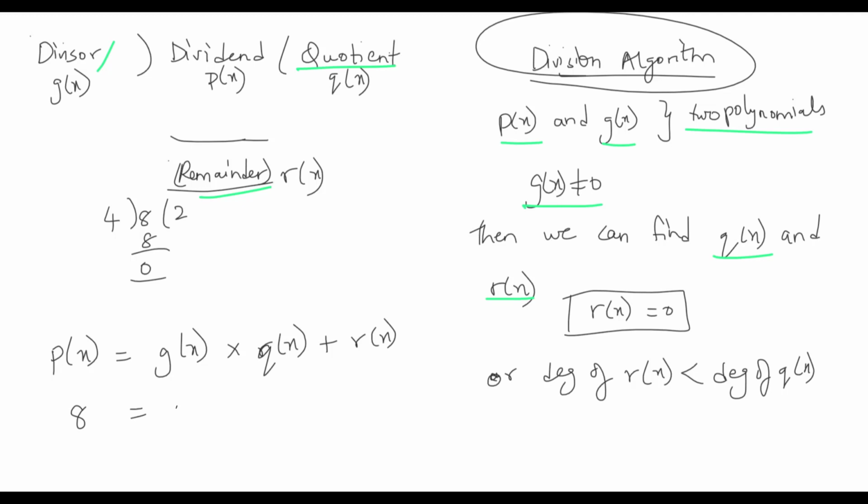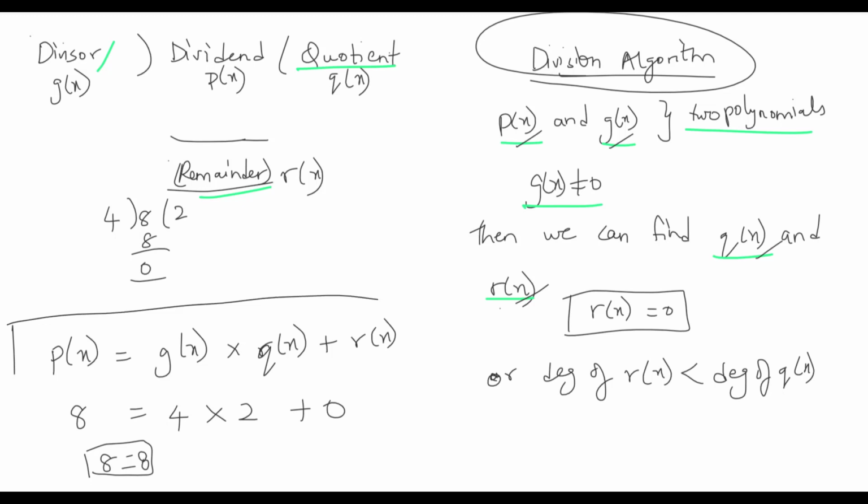And g of x is 4. q of x is 2 and the remainder is 0. Is this satisfying? Similarly, if you consider this in polynomials where p of x, g of x, q of x and r of x, you will get the result in this way.